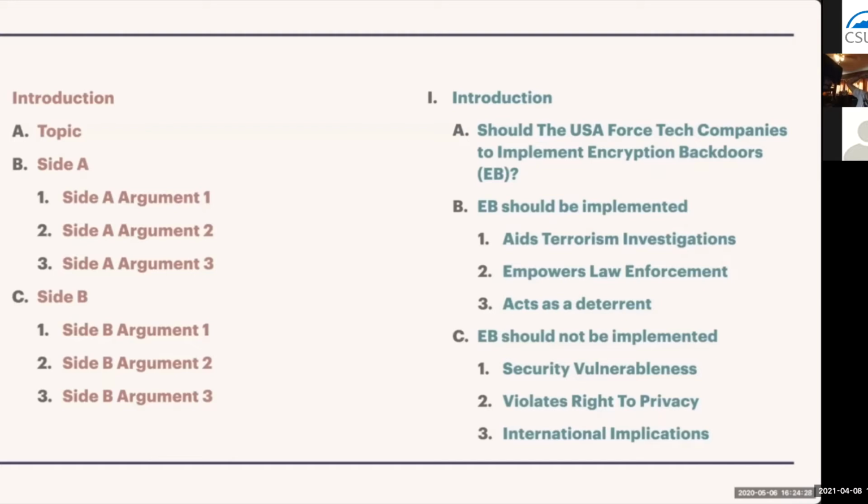And that's it. You're just doing 2 sentences that list off the main arguments you're going to be going over on each side. And then you'll say, the purpose of this analysis is to analyze the debate over whether or not the United States should force tech companies to implement encryption backdoors.